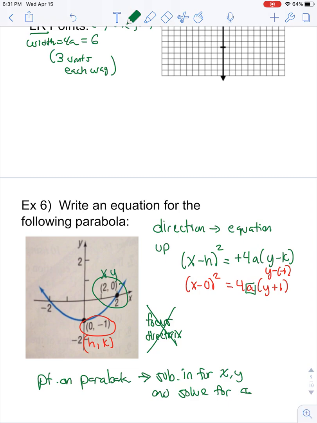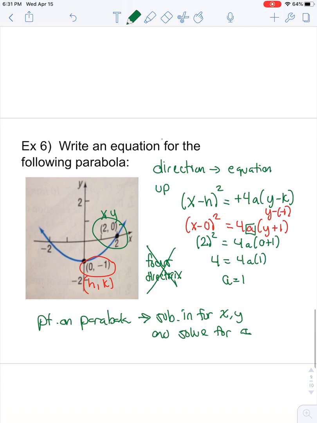So if I actually take this x and this y, and I go back and plug in my x value of 2 and my y value of 0, I can now solve this equation for a. 4 equals 4a times 1. My a is 1.